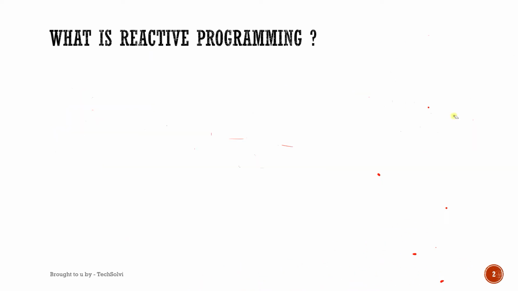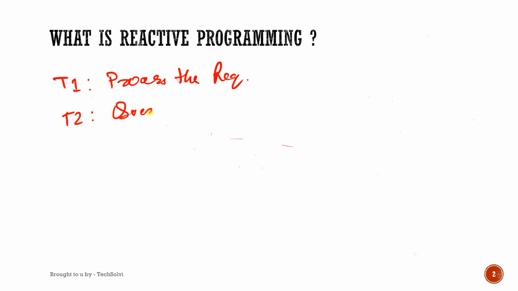Let me first explain how a conventional threaded request works. Say for example we have a series of tasks. Task 1 is to process the request. Task 2 is to query the database.